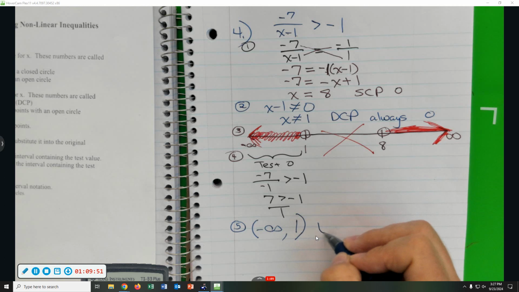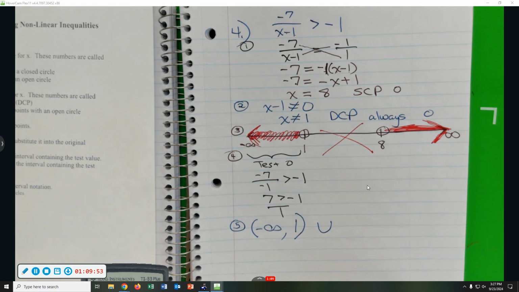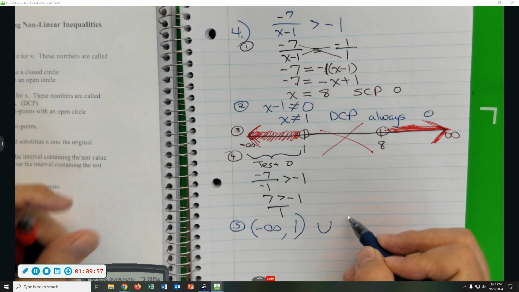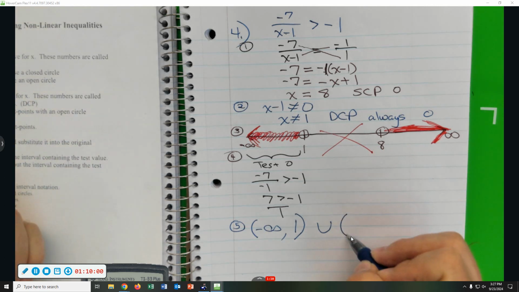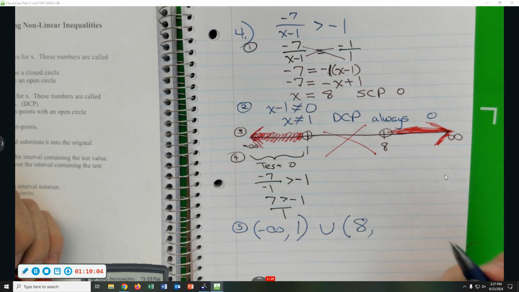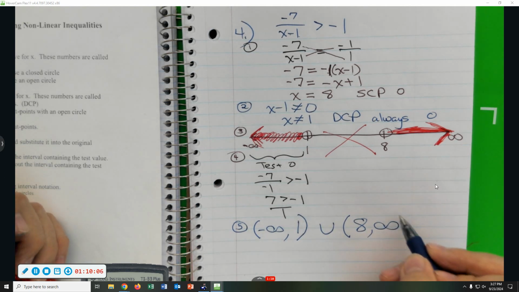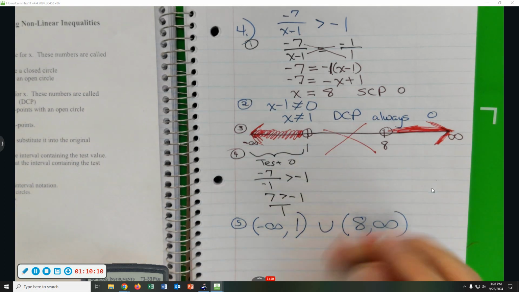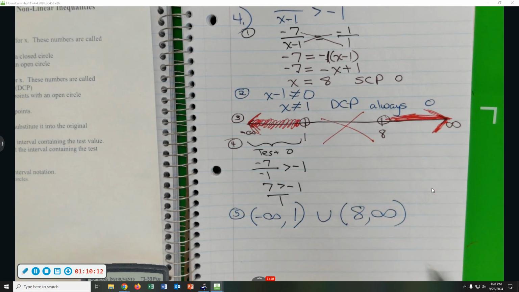The U, the union symbol from the keyboard. And now call out this interval to me, as if you were typing it out. Parentheses, comma, infinity, for my final answer.